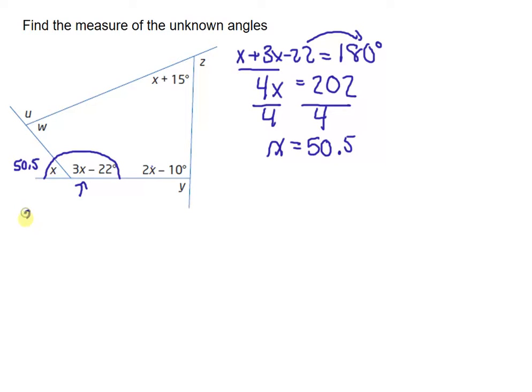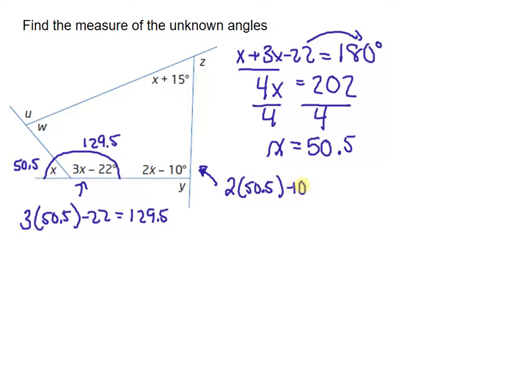For this one, let's actually just sub in 50.5 minus 22. So 3 times 50.5 minus 22, I get 129.5. For 2x minus 10, 2 times 50.5 minus 10.